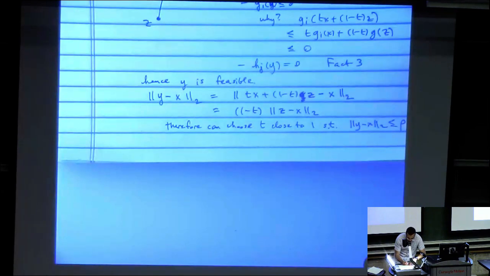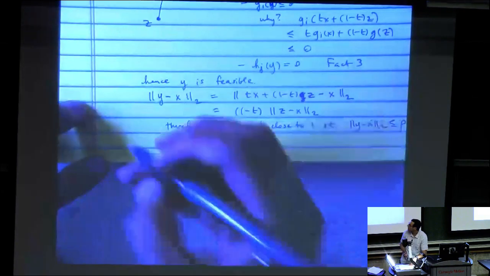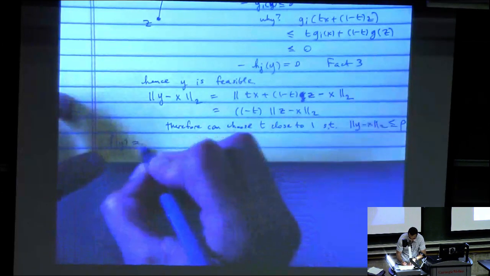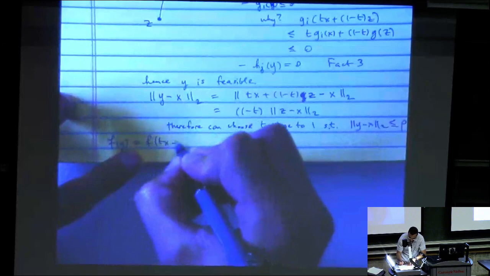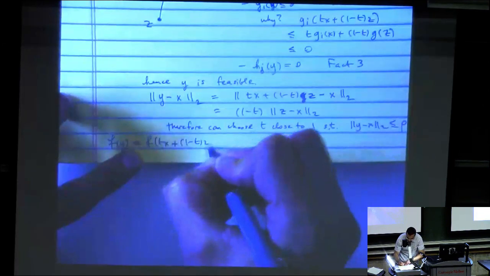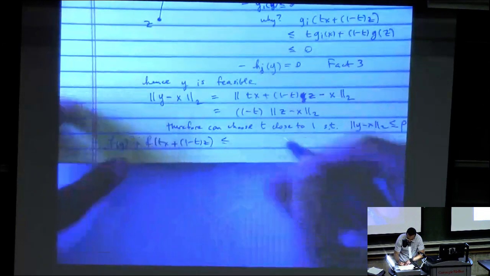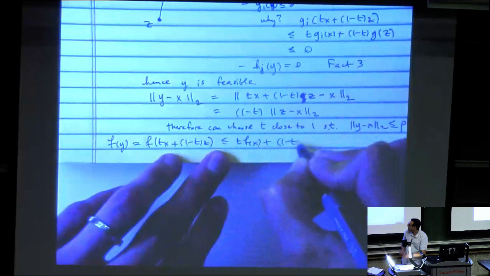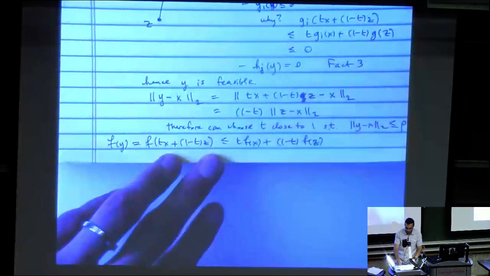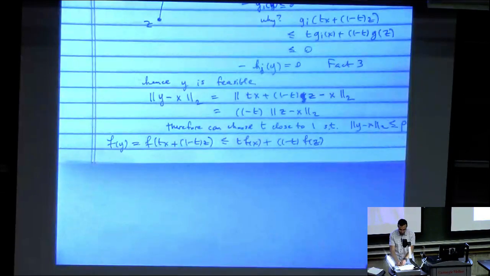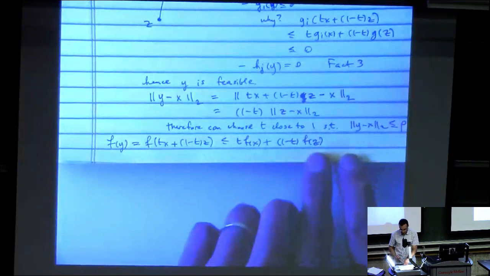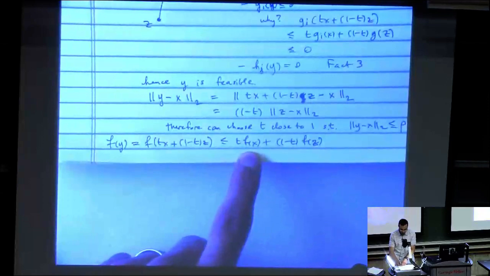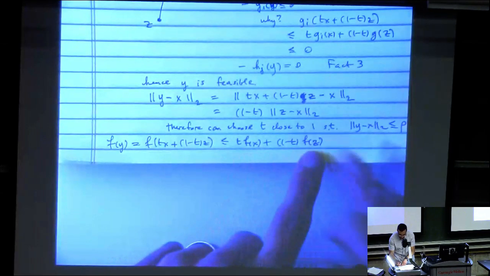So let's do that. If I look at f of y, that's going to be f of tx plus (1 minus t) z. And that's less than or equal to, by convexity, t f of x plus (1 minus t) f of z. And now you should convince yourself that f of z is strictly smaller than f of x, right?